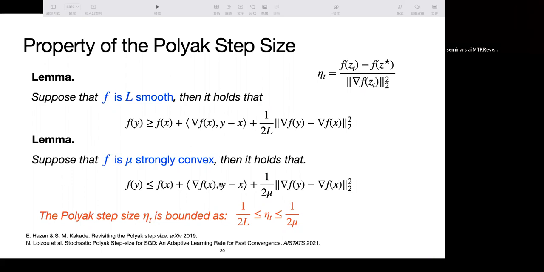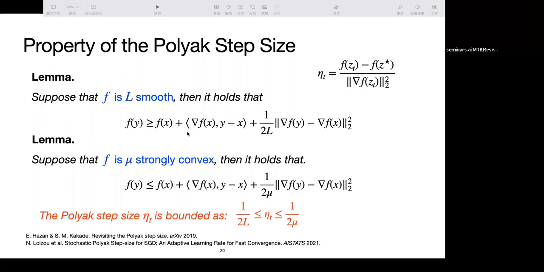To be more specific, if we consider the unconstrained setting, and we plug the minimizer into X, and we plug the iterate z_t into Y, the gradient at the minimizer disappears because it is 0.